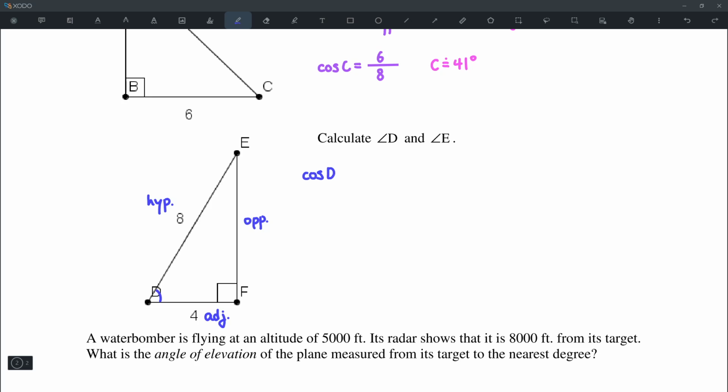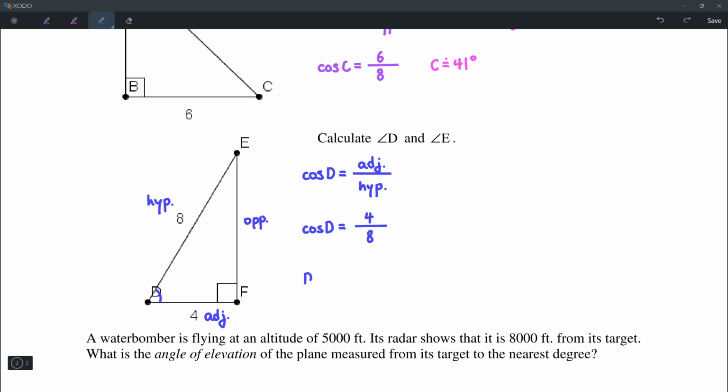Cosine D is equal to adjacent over hypotenuse, so cosine D is equal to 4 over 8.